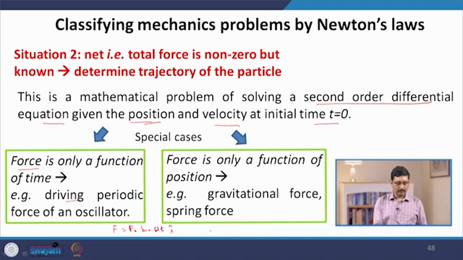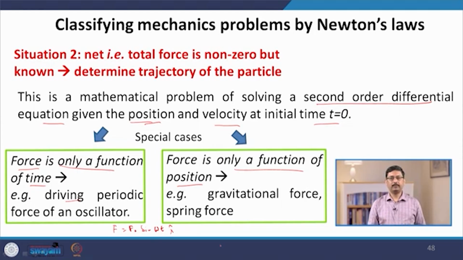So, in this case the force is only a function of time. The other scenario is one in which the force is only a function of position. For example, the gravitational force: Newton's law of gravitation shows that the force does not depend on time, but depends on the distance between the two objects.